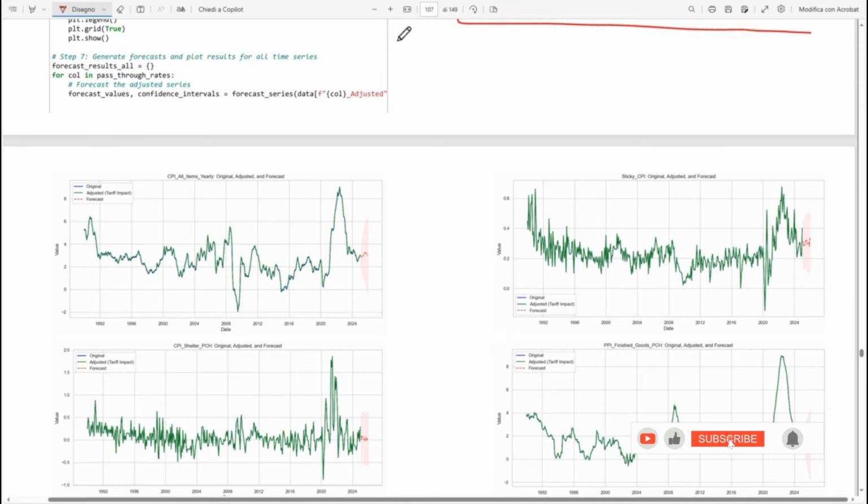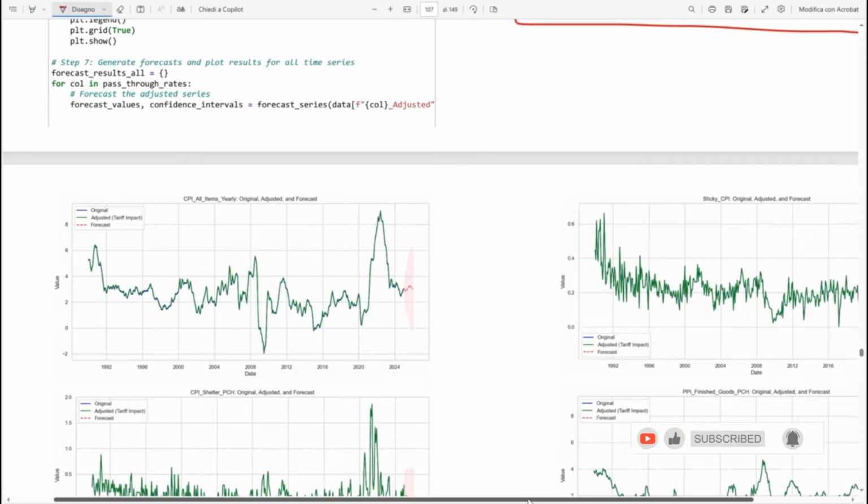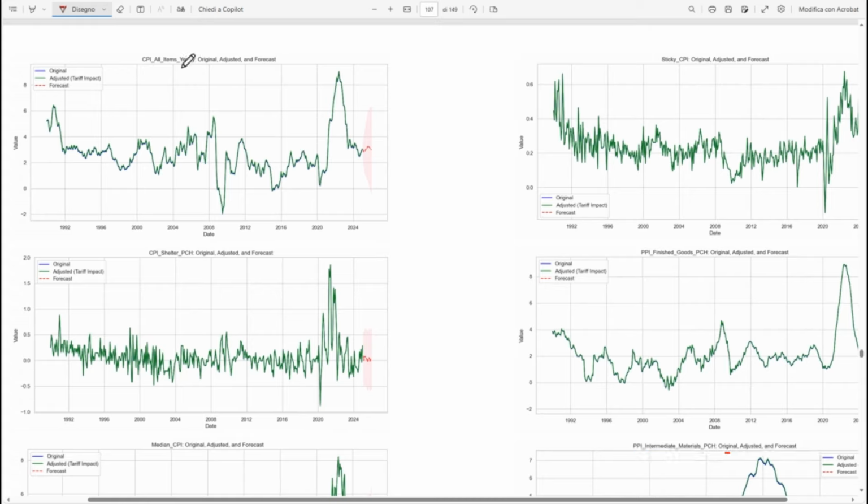So we can try to see the CPI here. What is the forecast? The blue line is the historical CPI data. The green line is adjusted for the tariffs, and the forecast.